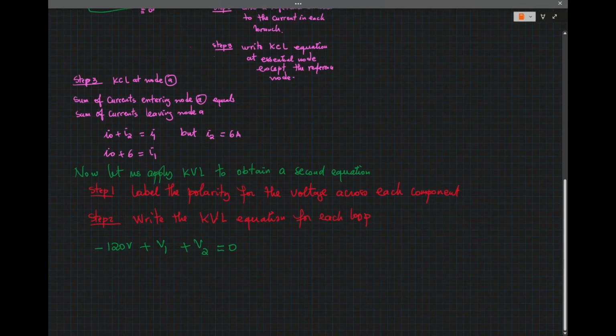Now we're going to write the Ohm's laws. Okay, so now write Ohm's law.